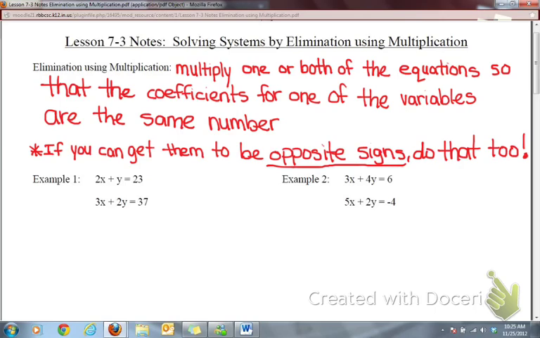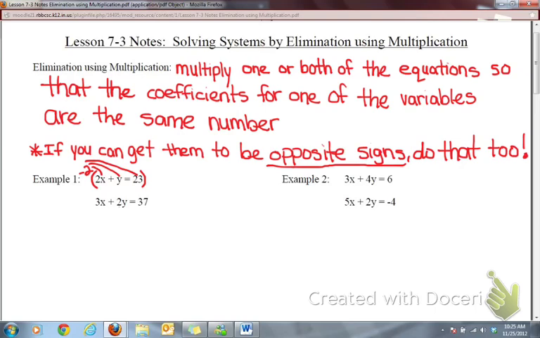So, we're going to take this whole first equation. You have to multiply the entire equation, and we're going to multiply it all by negative 2 so that in front of the y, there will be a negative 2. All of these numbers are going to change because we have to distribute it. But in front of the y is going to be a negative 2, which will cancel with the positive 2.